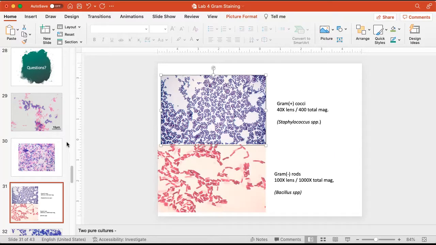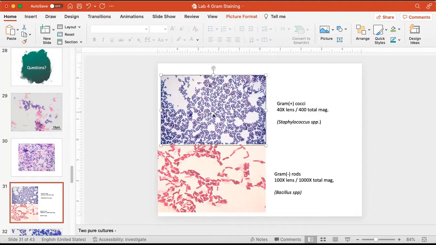You don't see them as well as you would at the 100x, but you can see them, right? You can see bacteria at 40x. And if they're stained with the gram stain procedure, you can determine the gram status at 40x. Gram positive coccus, gram negative rod.